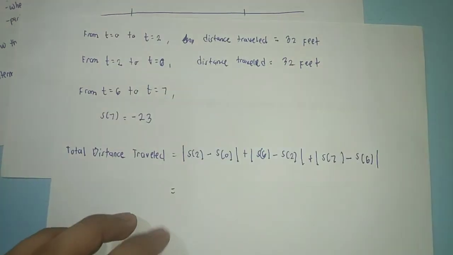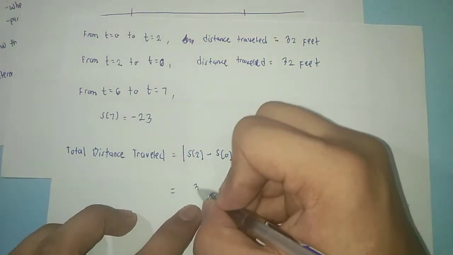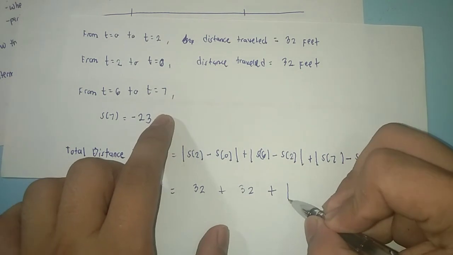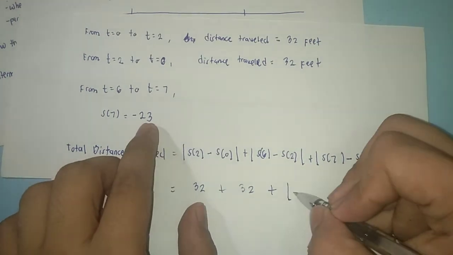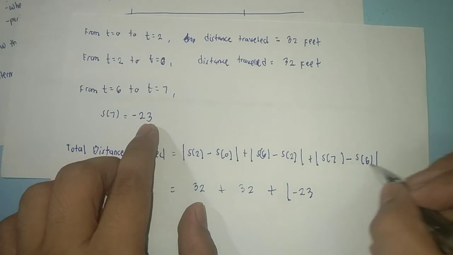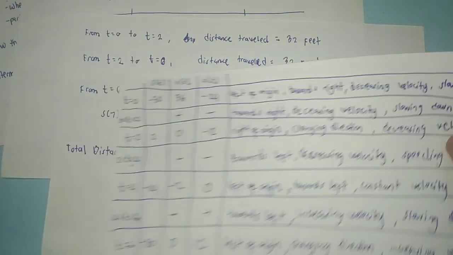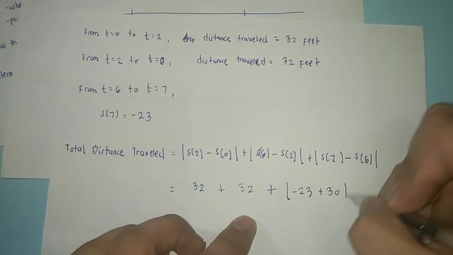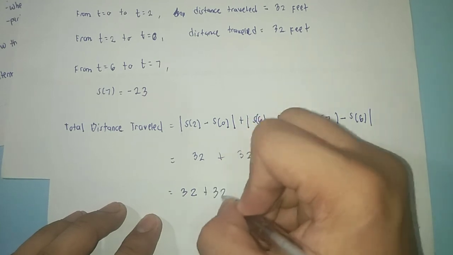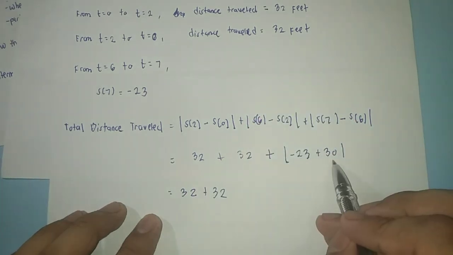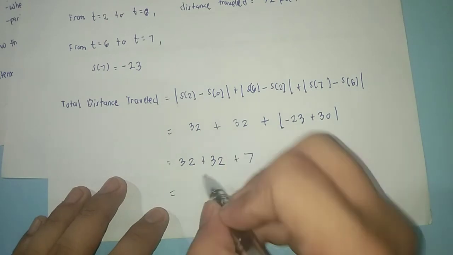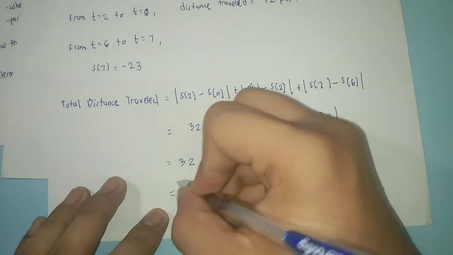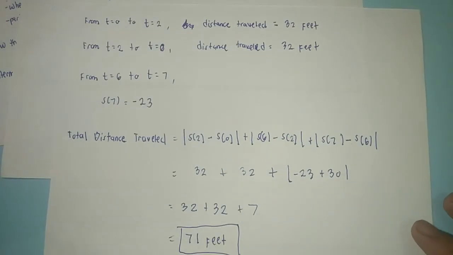So that is equal to, ito yung 32 feet plus 32 din plus absolute value ng s of 7, negative 23 minus s of 6, negative 30. Okay, so minus negative 30 or plus 30. So that is 32 plus 32, negative 23 plus 30, that is 7. Absolute value ng 7, that is 7. So 64 plus 7, that is 71 feet. So yan yung total distance traveled.